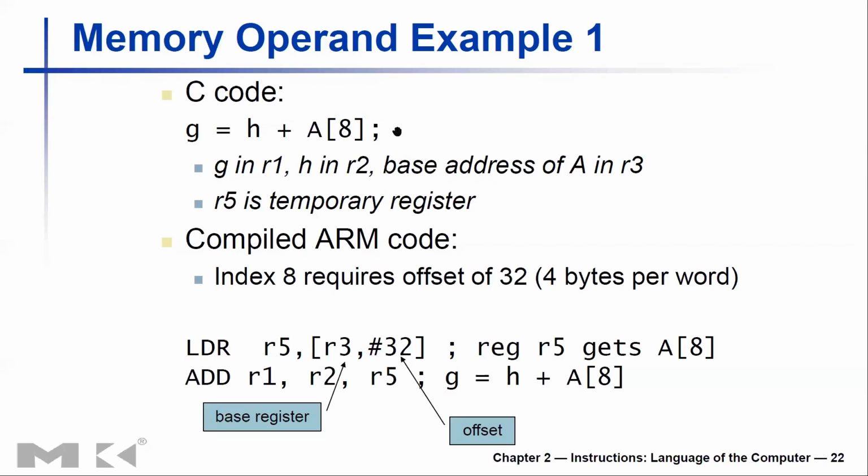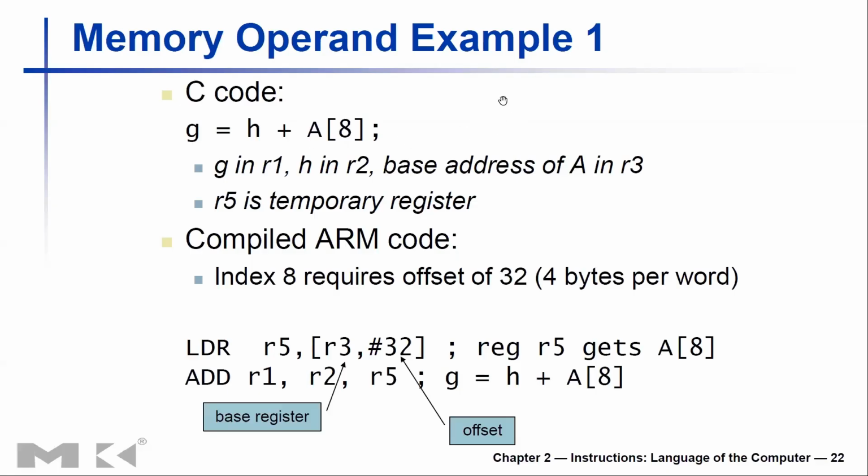Now, when you want to perform this calculation, g equals h plus A[8], you first need to load the 8th element of array A into a register. We can assume h is stored in a normal register in the ARM processor, because it's not an array element.